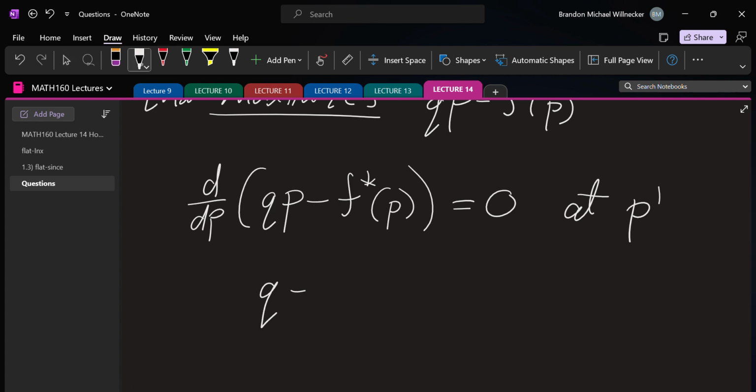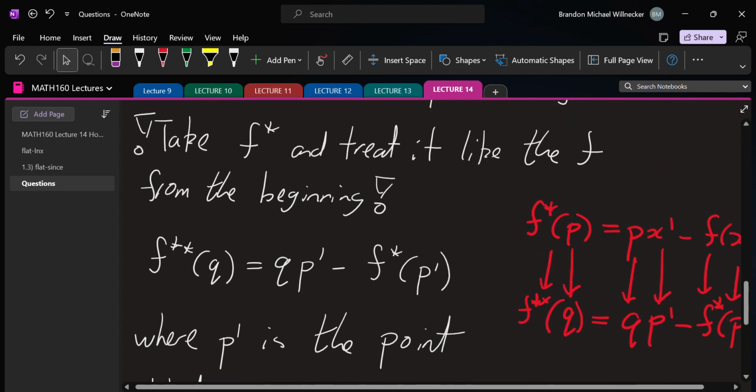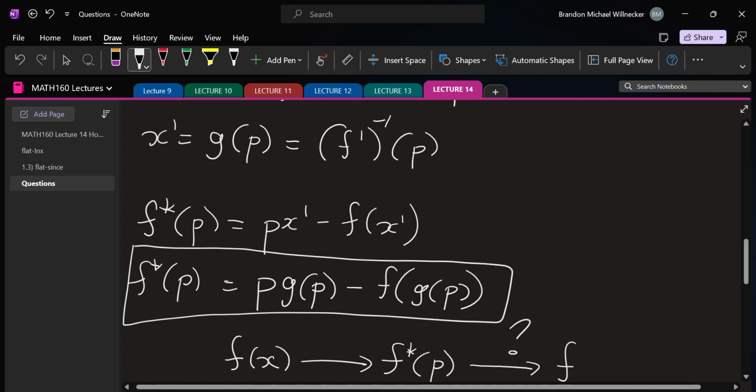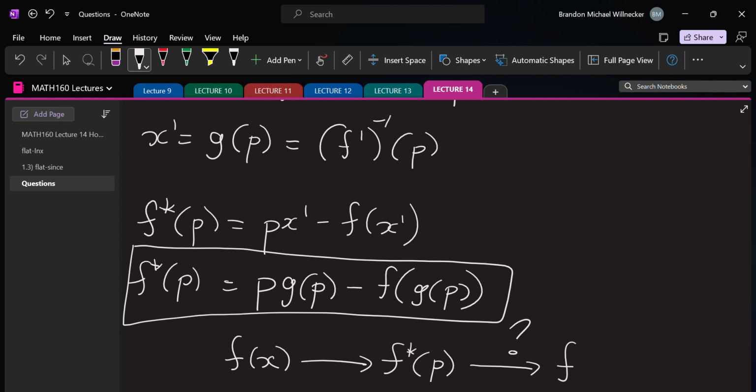And we just carry on. We carry on with the method. So this is going to be q minus d by dp of f star p equals 0. Okay. Everyone with me? Okay, but what is this f star of p? We calculated that already. That is, if we go here, that's this. So we substitute that.